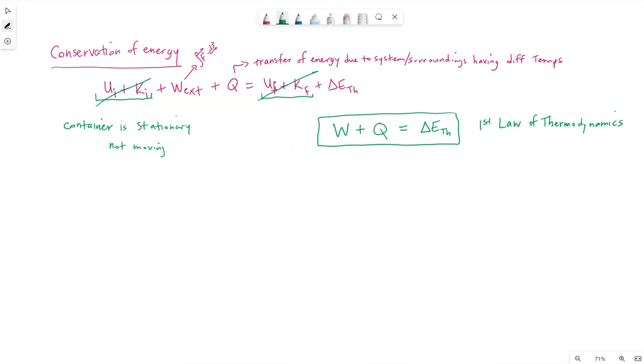Now, heat we've already mentioned in the previous slide. We have two different equations for heat. We have an equation for specifically a constant volume process, and we have an equation for a constant pressure process.